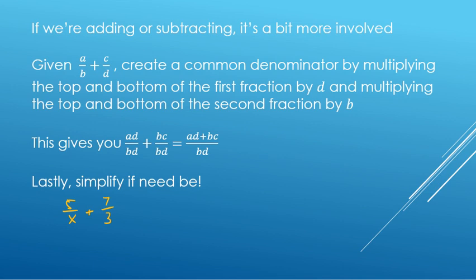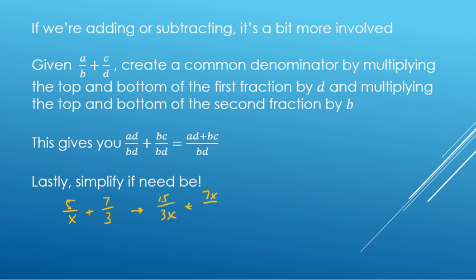Again, multiply the top and bottom of this first fraction by the bottom of this second fraction. So I have 5 times 3, which is 15, and then I have 3 times x, or 3x. Multiply the top and bottom of this fraction by the x.